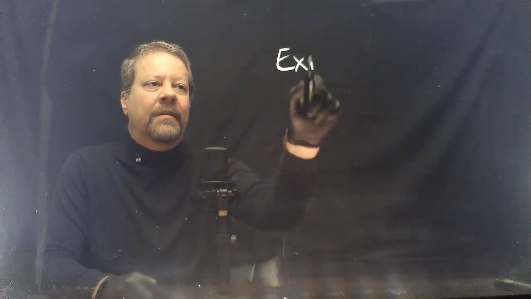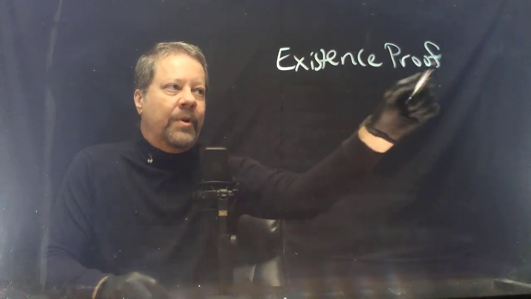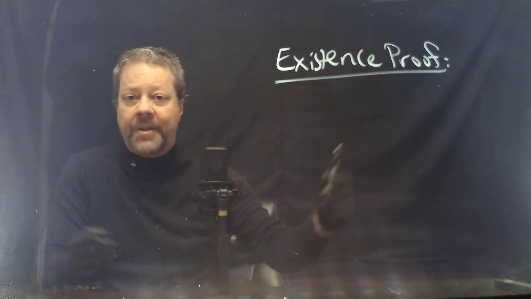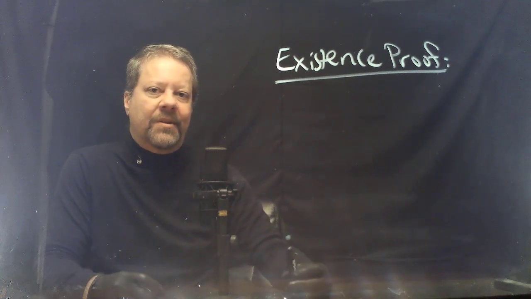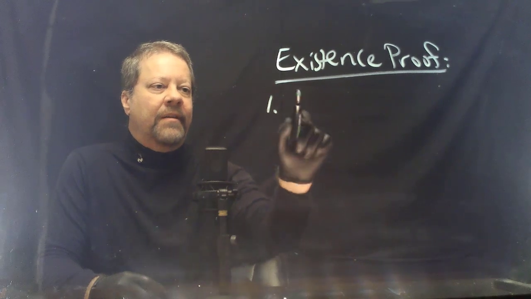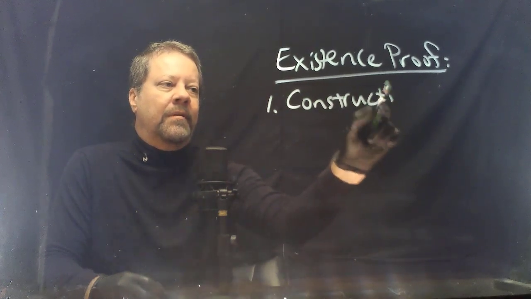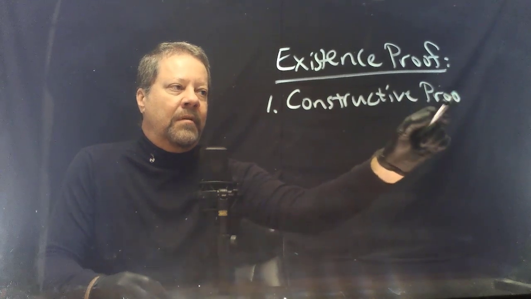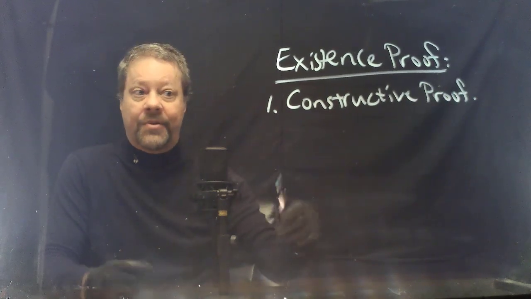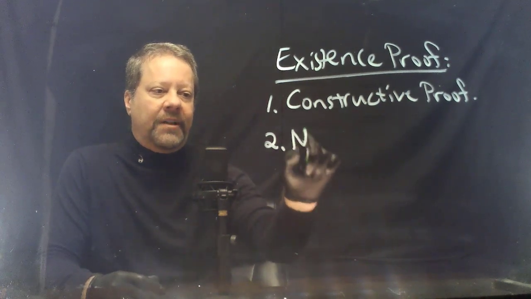For existence proofs, where you're trying to prove that some number exists, or some quantity exists, or some thing exists, there are 2 strategies. There are constructive proofs, where you show the thing exists by constructing and exhibiting it, and there are non-constructive proofs.